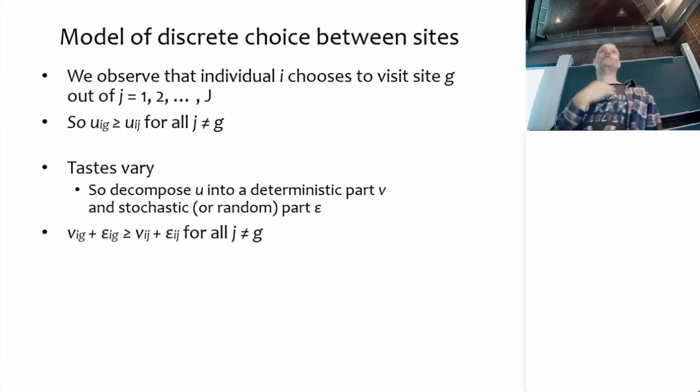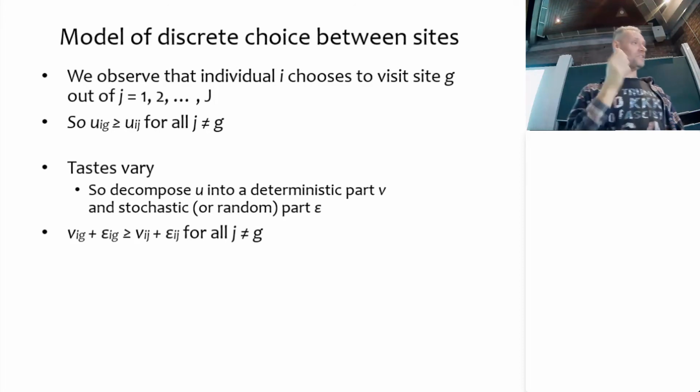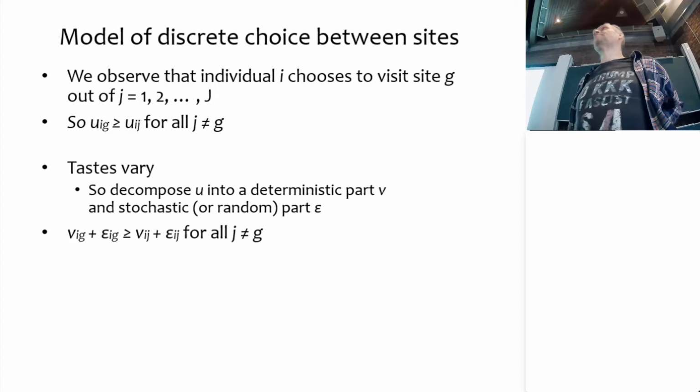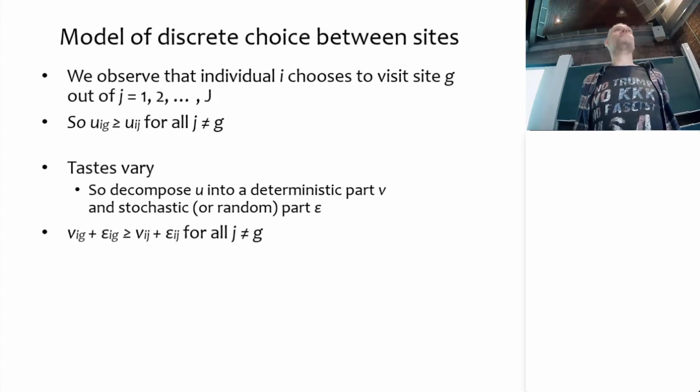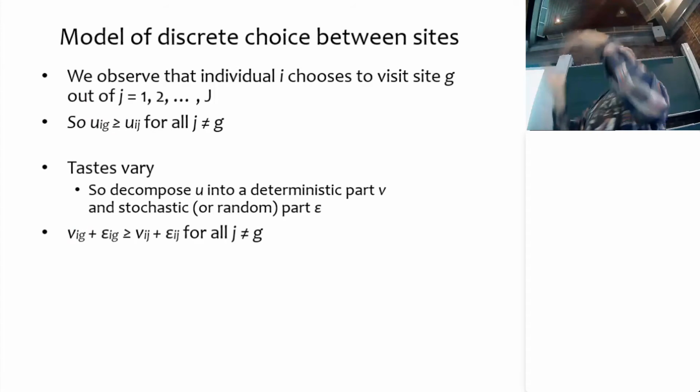So really what we have observed is that the deterministic part plus the stochastic part, V plus epsilon, for individual i in park g, in site g, is greater than being in park j, right? So this is just replacing utility by its two components, a deterministic part and an idiosyncratic part.